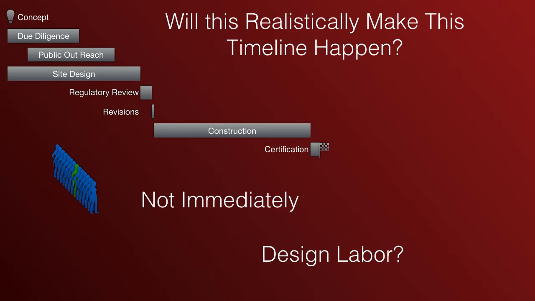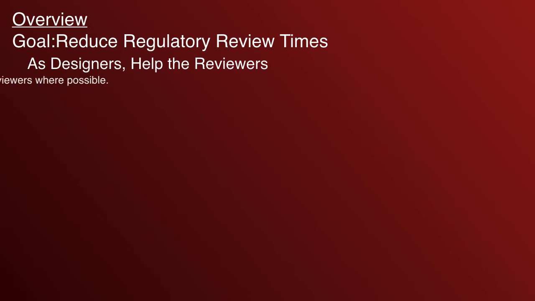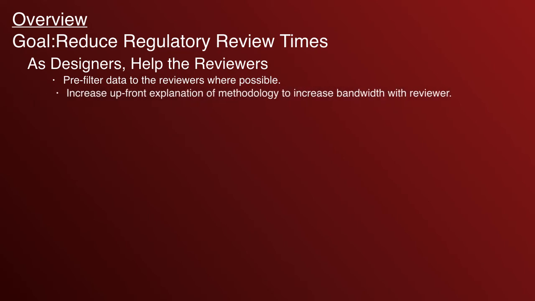So I hope today I've convinced you that maybe we can help ourselves a little bit by helping the reviewers a lot. And by doing that, maybe we can make our site development process more known and a little faster. So with that, let's go through the overview. Our goal is to reduce the overall regulatory review times. As designers, we're going to help the reviewers by pre-filtering the data to the reviewers where possible.